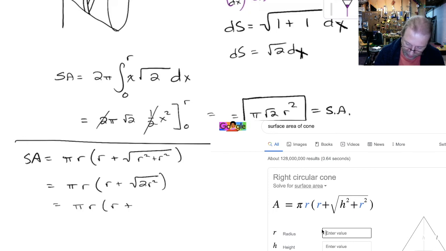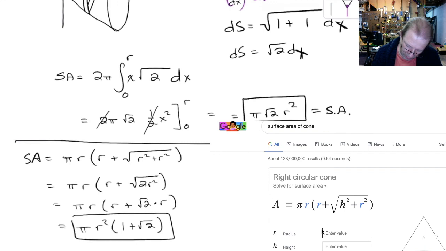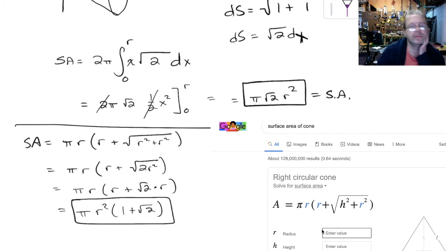Now I can factor that into square root of 2 times square root of r squared, so we get that. I can factor out an r, so I get pi times r squared times 1 plus root 2. And that's not what we got above.